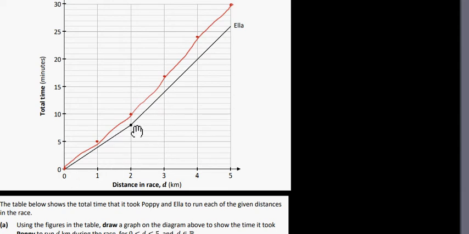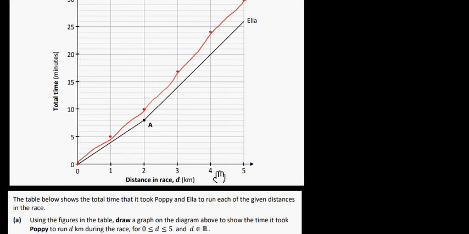You can see there has been a change in speed, but you've got to remember that we have distance on the x-axis, time on the y-axis, so you've got to be a little bit careful. Remember, speed is distance over time, so it's what's on the x-axis divided by what's on the y-axis.